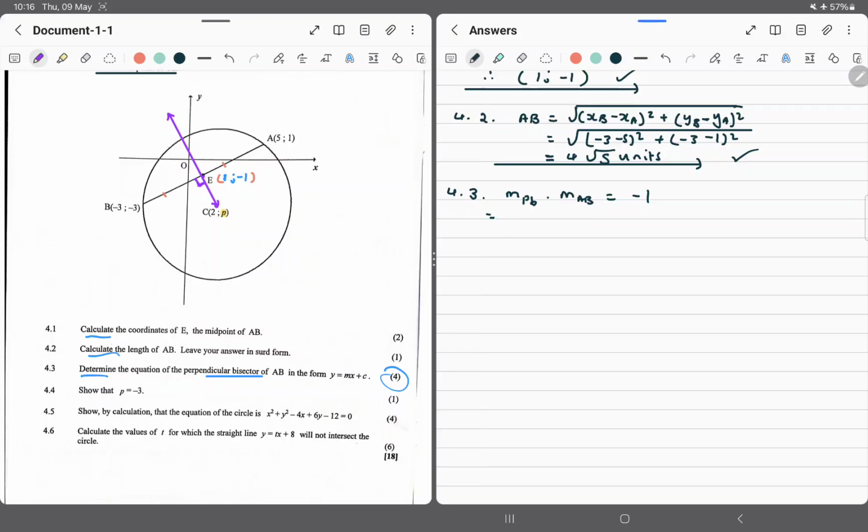Now we don't need to justify this. The gradient of our perpendicular bisector times the gradient of AB, 1 minus -3 is going to be 1 plus 3, divided by 5 minus -3 is going to be 5 plus 3, is equal to -1.